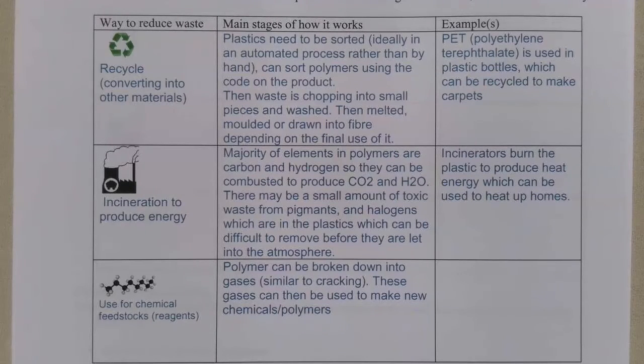These are basically hydrocarbons, so they are a fossil fuel, however, and they can produce toxic gases from the pigments and halogens which are in the plasticizers. They also produce large amounts of carbon dioxide and water. The last thing you can do with them is we can break them down again into their monomer units, and then we can reuse those to make new chemicals or indeed to remake the polymers.